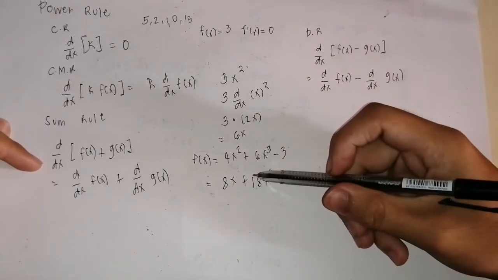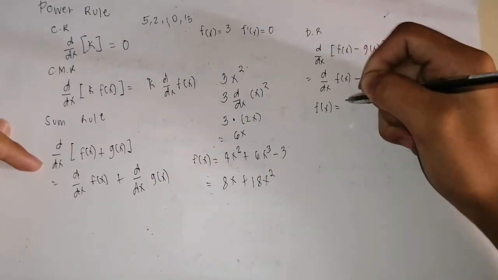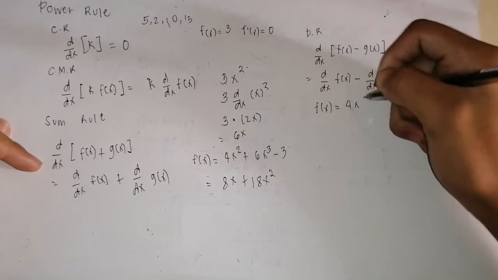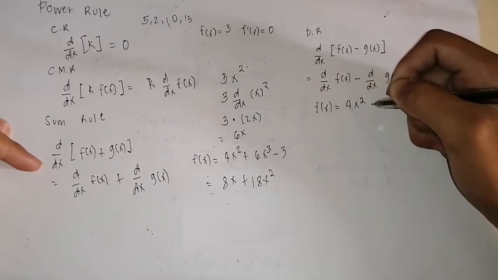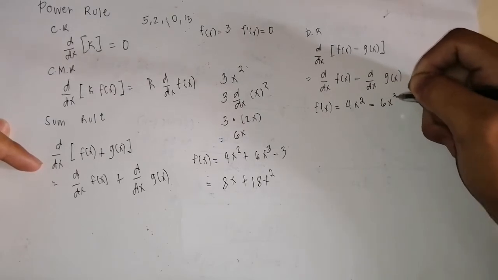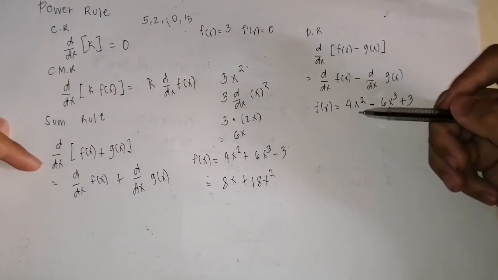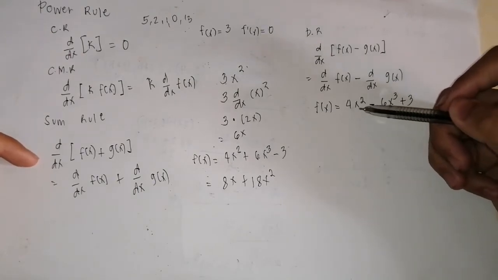What is an example? Here, f of x is equal to 4x squared minus 6x raised to 3, then let's say plus 3. Then, we get the derivative of 4x squared.